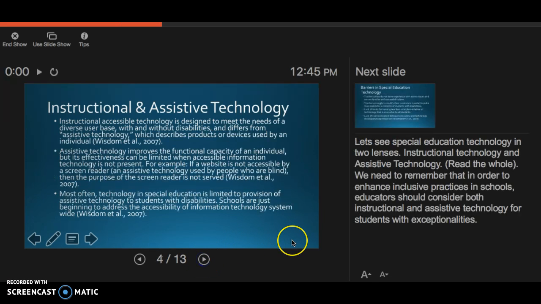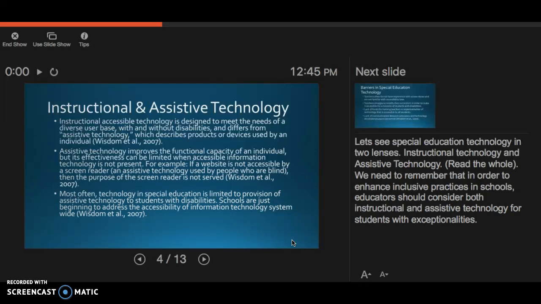To start with, let's see special education technology in two lenses. Instructional technology, that's the technology you use in classrooms for instructional purposes. And assistive technology is usually a device or software or technology that is being used by students with exceptionalities, by an individual.